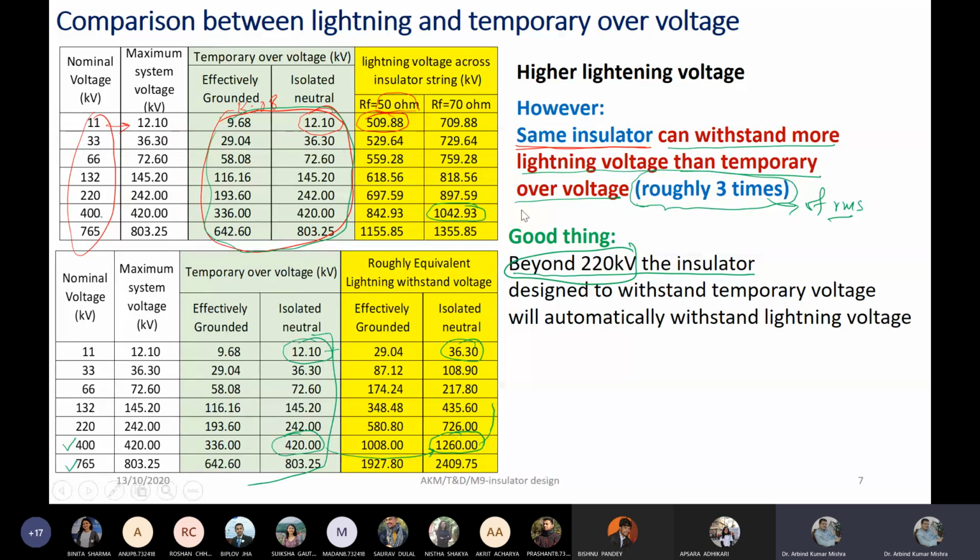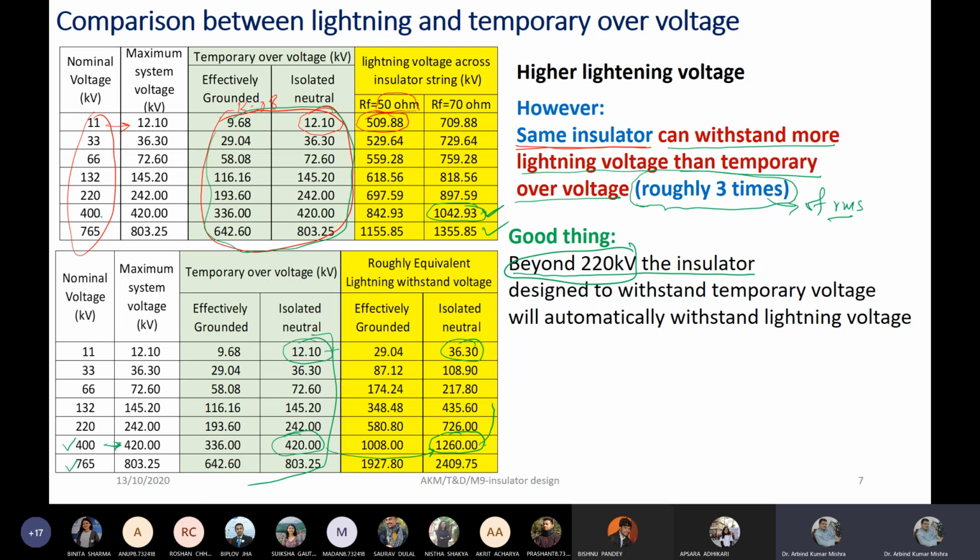So we do not need any separate special provision for this voltage or this voltage. In very simple language, what I mean to say is, if we design an insulator which can withstand its respective temporary overvoltage for 400 kV, it automatically can withstand the probable lightning overvoltage.